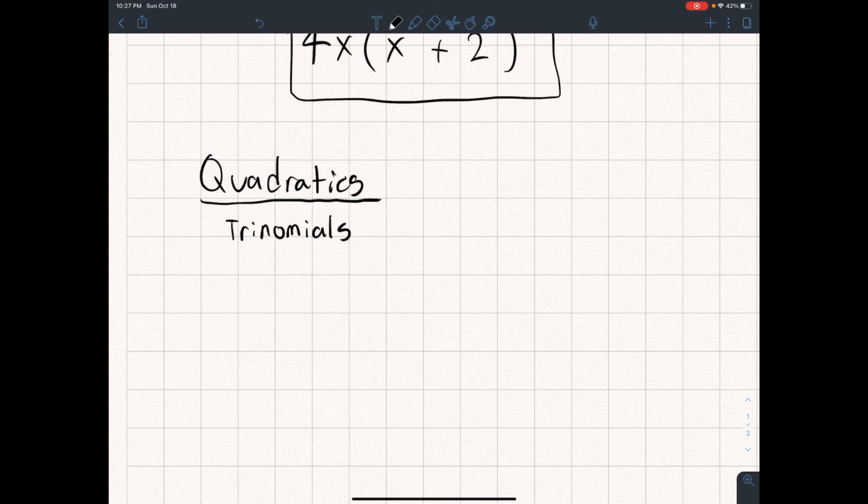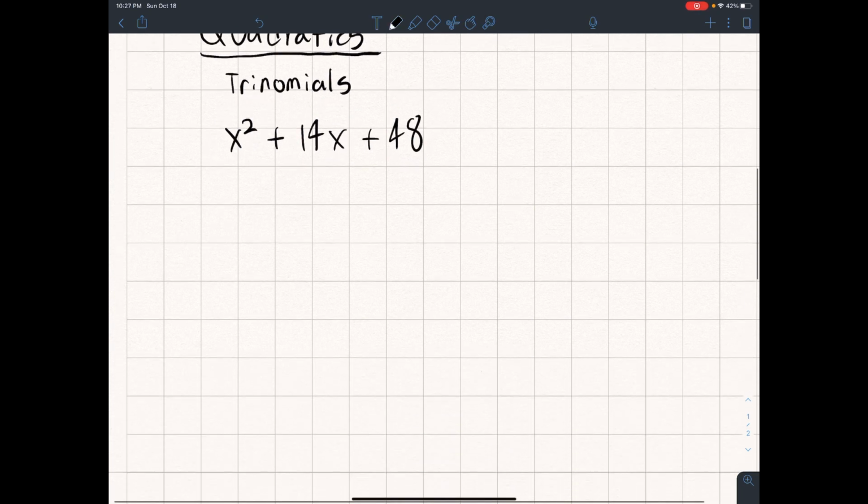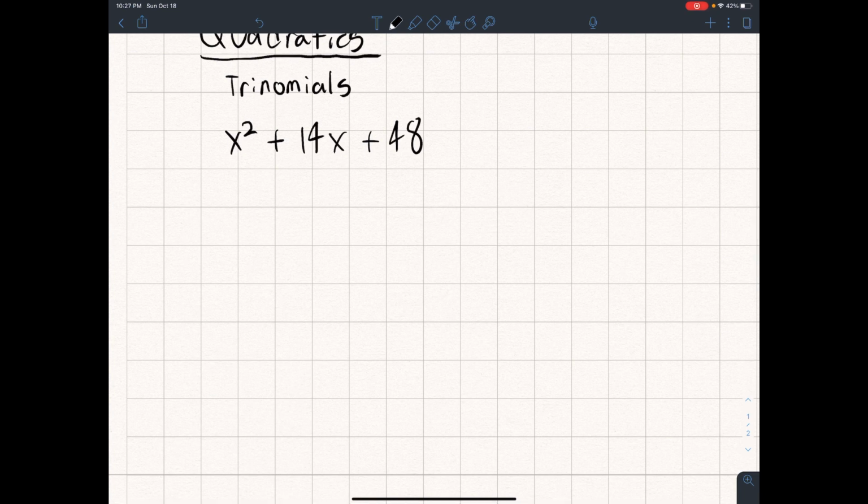So let's say we had, let me think of a good one, maybe x squared plus 14x plus 48. We have a trinomial here, 3 terms, and we want to try to turn this into the multiplication of 2 binomials. So I know each of these are going to have 2 terms each.